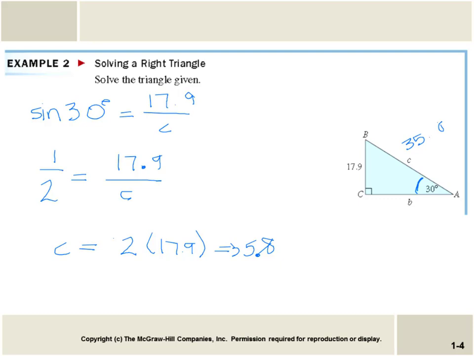Yeah, exactly. So the sine is equal to the opposite over the hypotenuse. The cosine is equal to the adjacent over the hypotenuse.